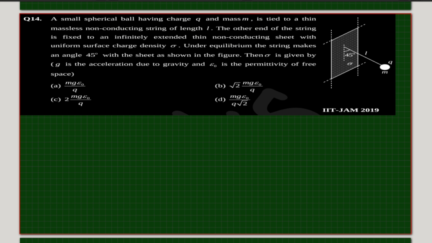In this question there is a sheet which is uniformly charged, and there is a charge which is bound with a massless string of length L. We have to tell the value of sigma.